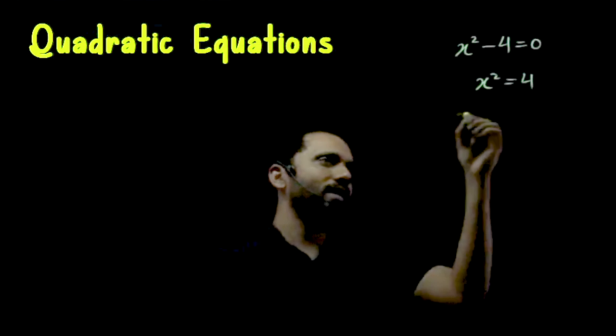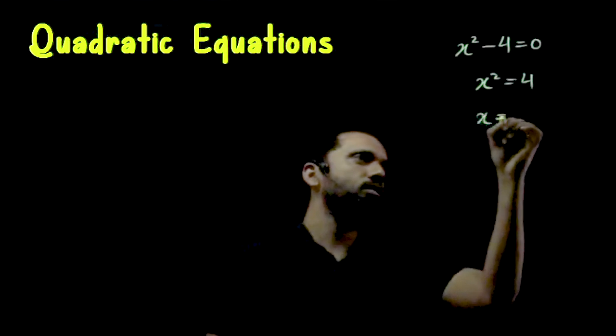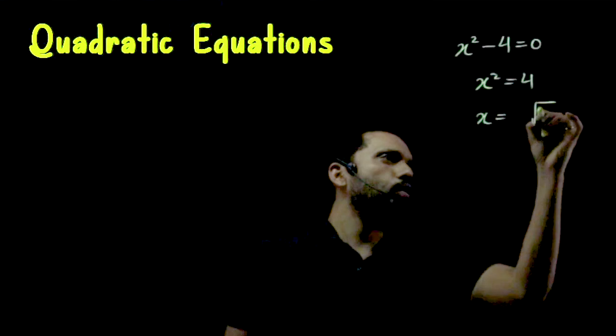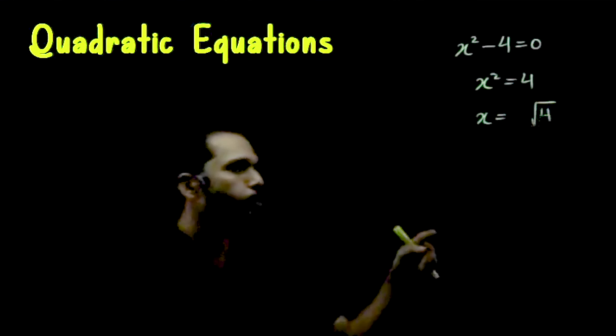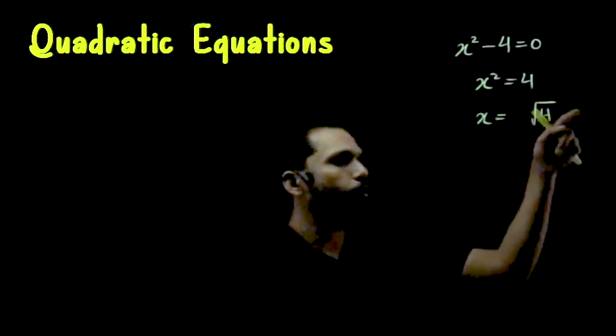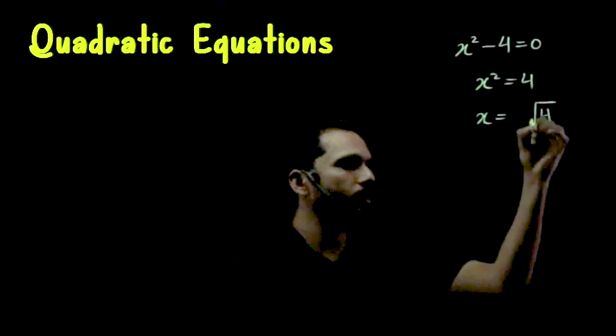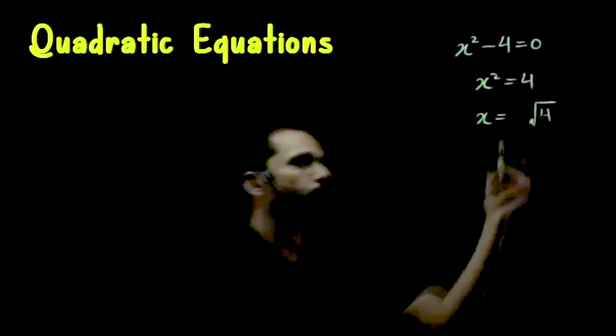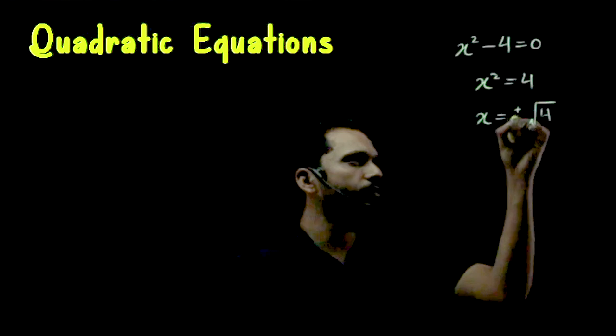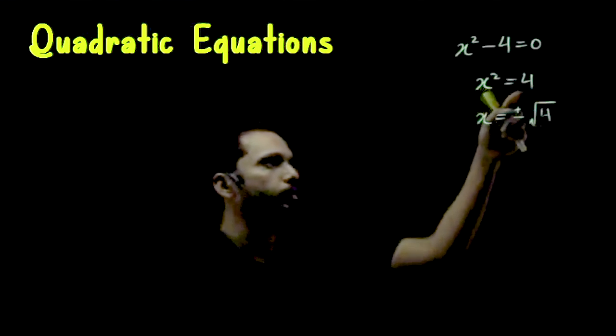Now what do you think is the answer? The answer would be x is root of 4, but root of 4 means the positive square root. This under root sign means positive square root, and we know that even if I get the negative square root of that, on squaring I'll get plus 4 again.